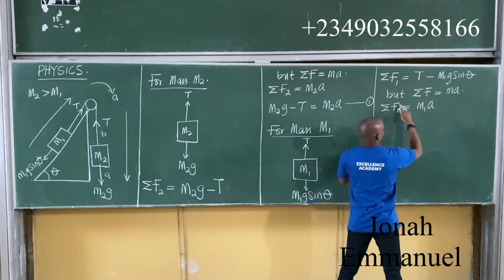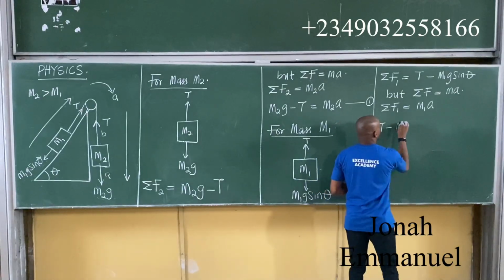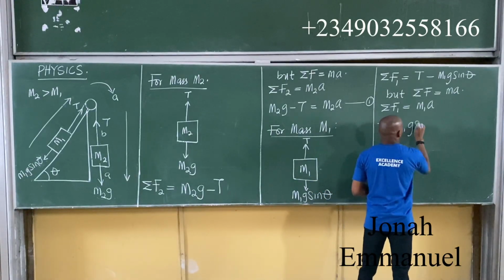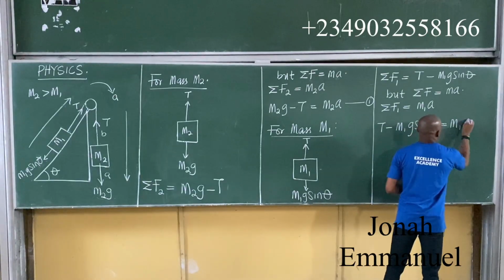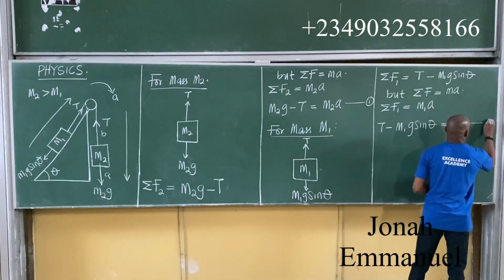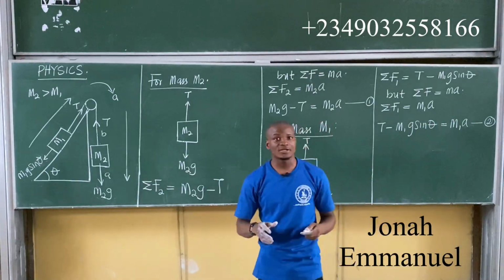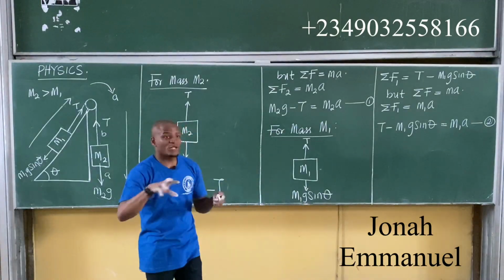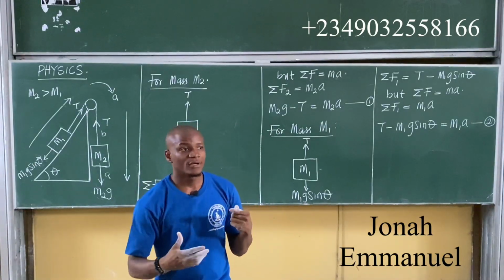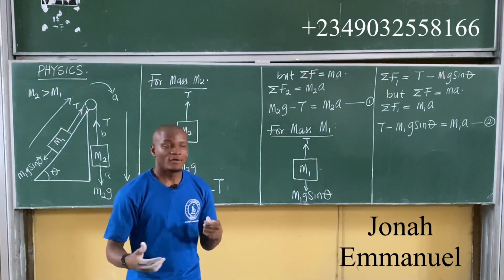F1 is this, so replace: T minus M1g sin theta is equal to M1a. Call this equation 2. So I now have two equations, equation 1 and equation 2. You have to find the expression for acceleration.